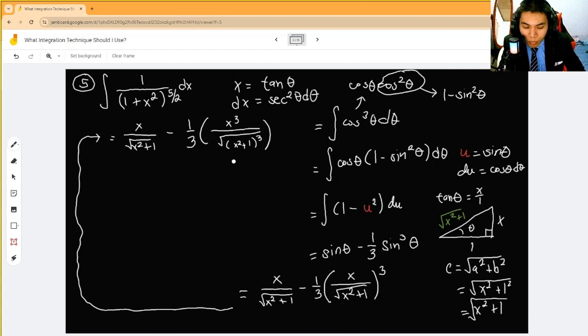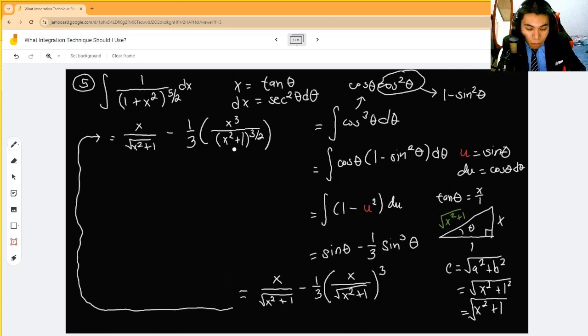We can put a plus c now, but we can actually rewrite this again of the form 1/3 of that. We have a square root of a function raised to the third power, which is the same as raising it to 3/2, since the square root is 1/2. Okay, so we can have x squared plus 1 raised to 3/2 right here.